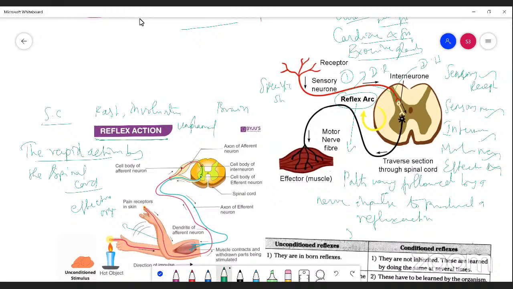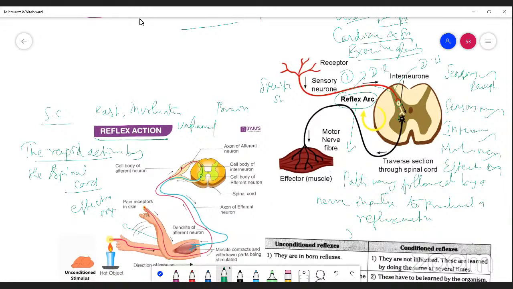Next, the interneuron. Next, it is moving inside. This is called the interneuron. The interneuron transmits the impulses from the sensory neuron to the motor neuron.